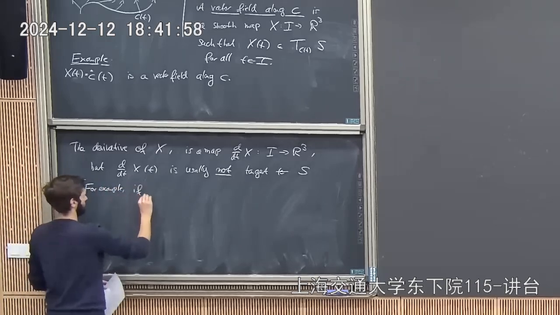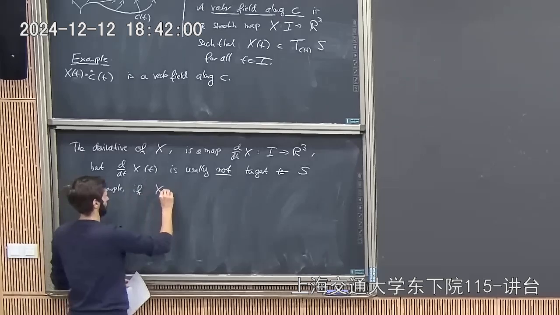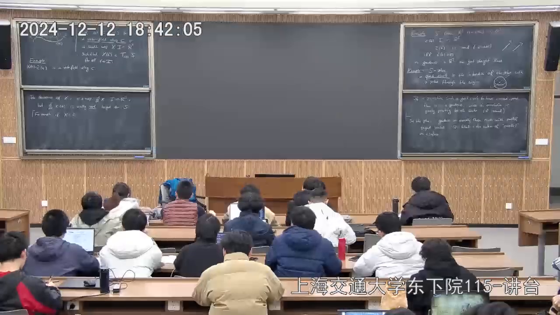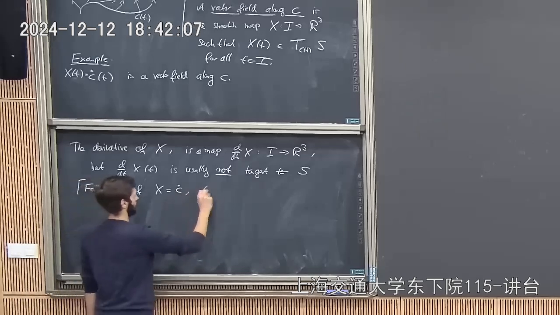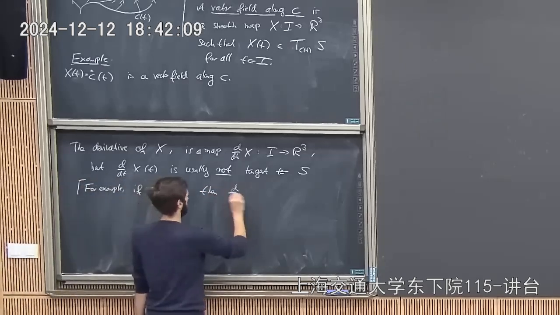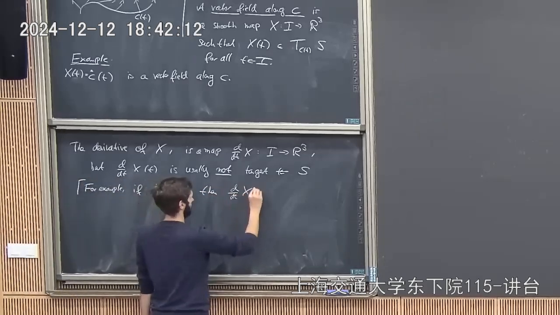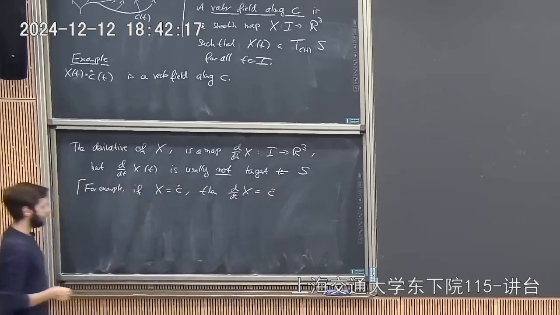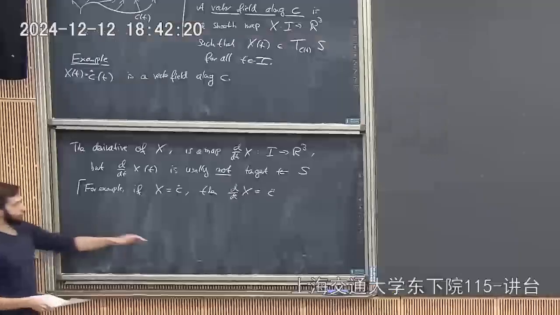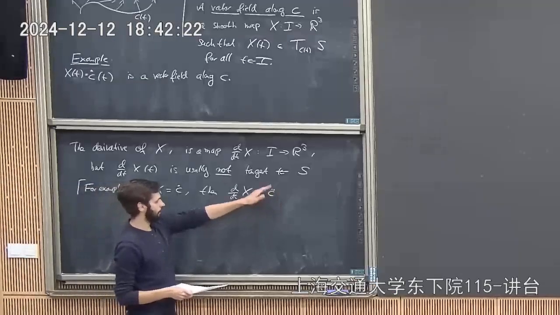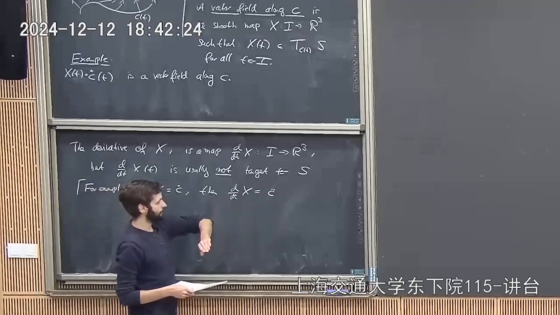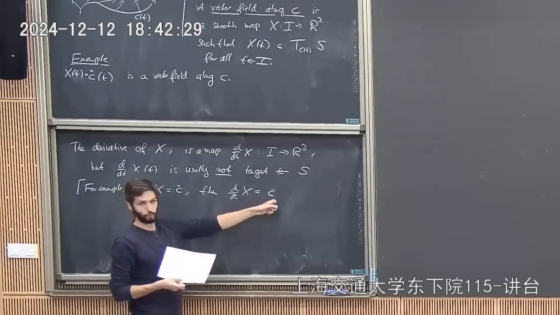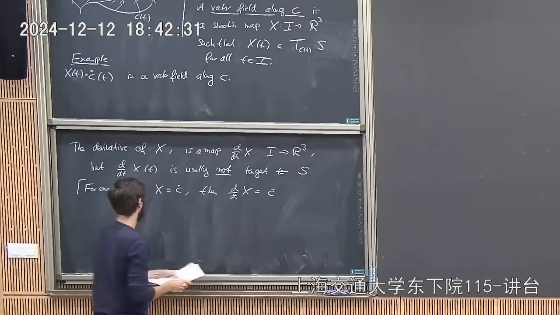So for example, what we already saw before, if x equals the tangent vector, then d/dt of x is nothing else than the second velocity. And we have just discussed that the acceleration of the curve has some components in E1 and E2 direction, but also some components in n direction.